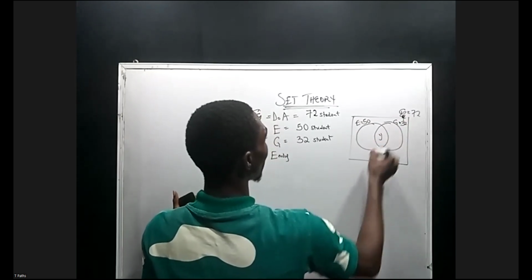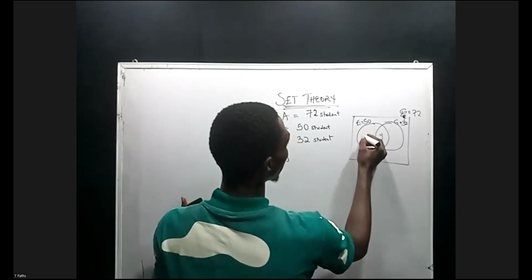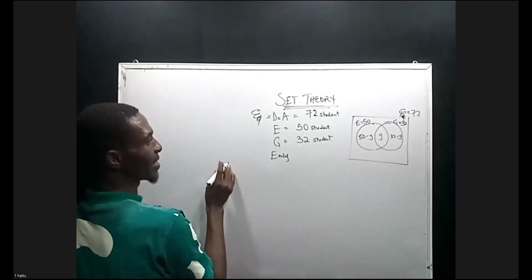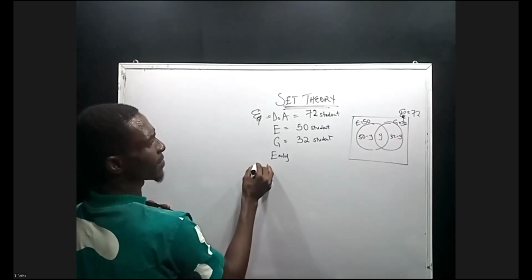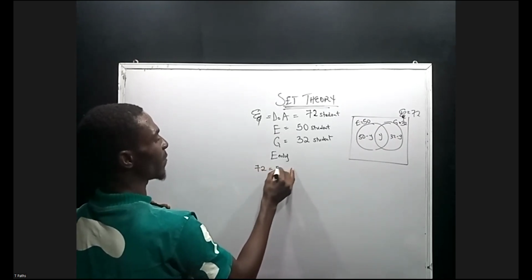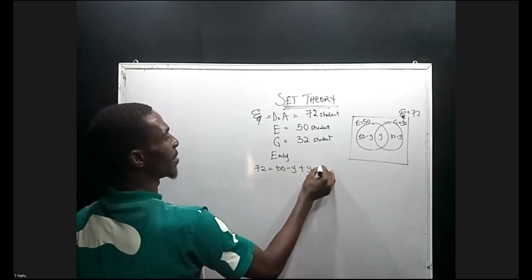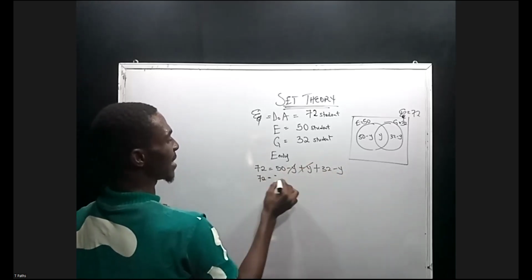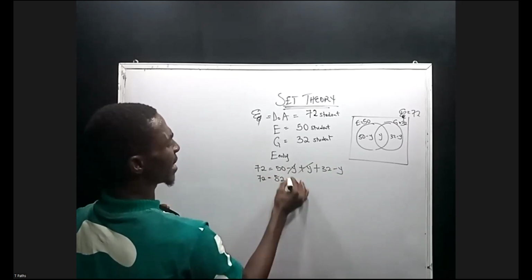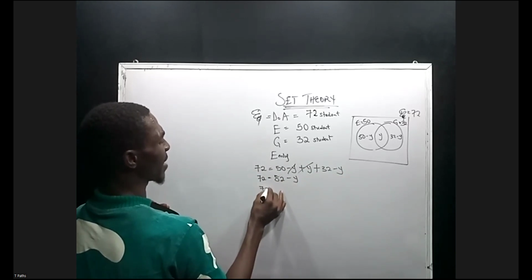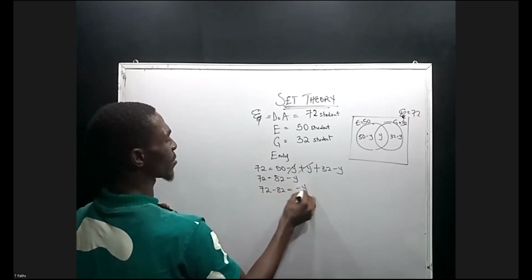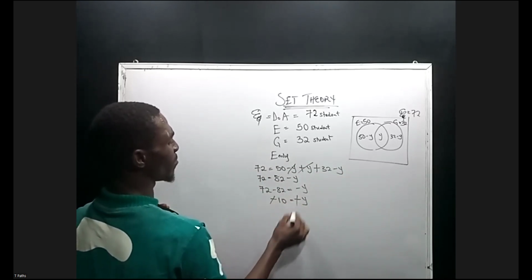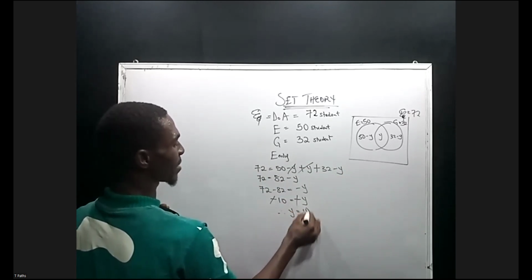We don't know the number of students offering both subjects, so I call it Y. So here is 50 minus Y, here is 32 minus Y. Bring the mathematics outside. 72 equals the addition of everything: 50 minus Y plus Y plus 32 minus Y. This cancels this, I have 82 minus Y. Collect like terms: 72 minus 82 equals minus Y. Here is minus 10 equals minus Y. Take away the minus from both sides, therefore Y equals 10.